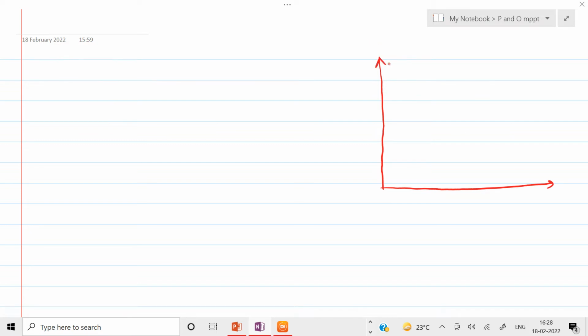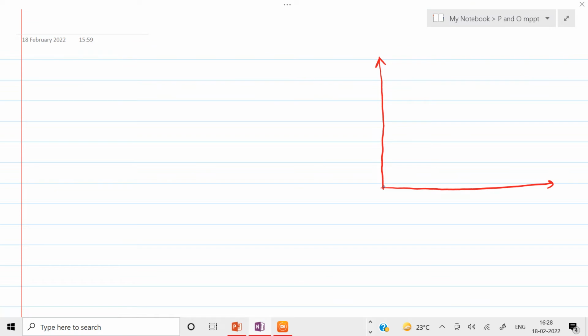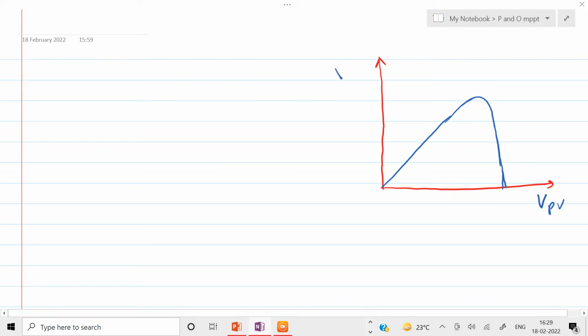So let me draw this PV array, and let's have a PV characteristic somewhat like this. So this is VPV, and on the y-axis we have PPV, and this is the point of interest. This is Pmax.